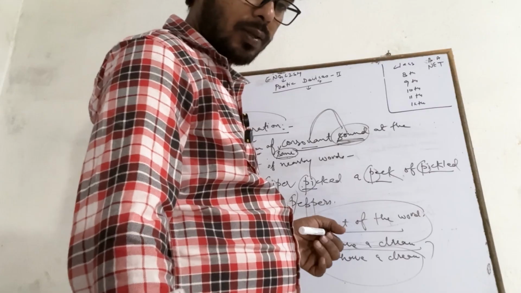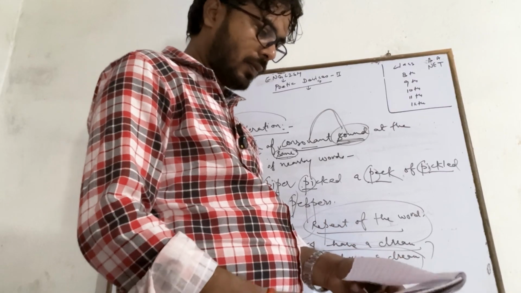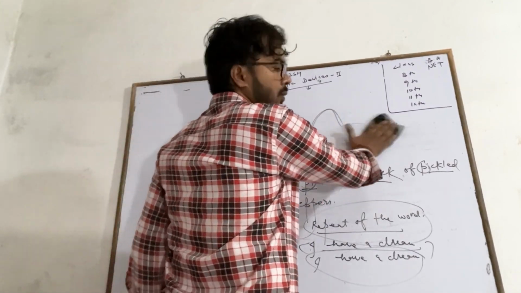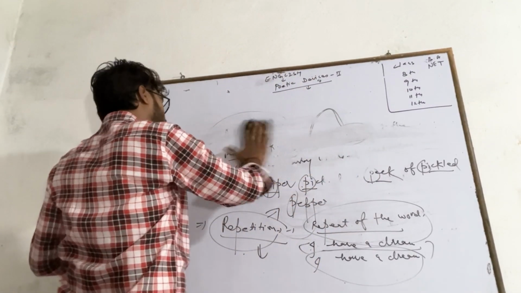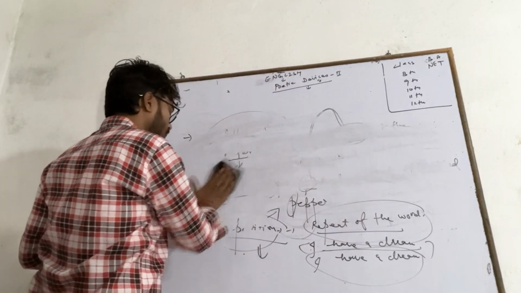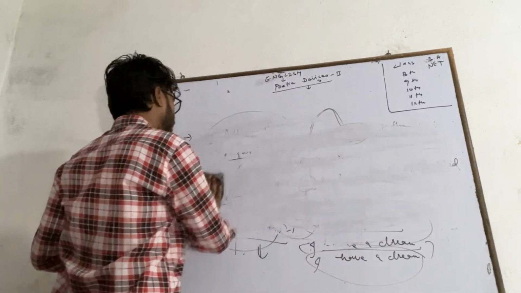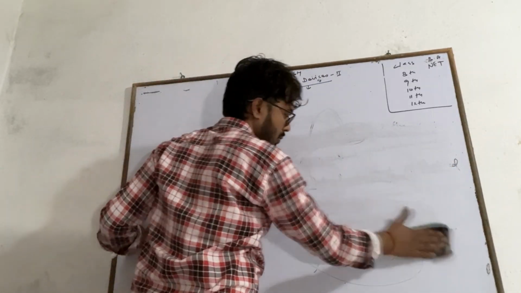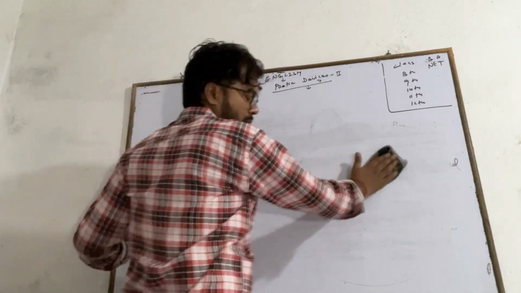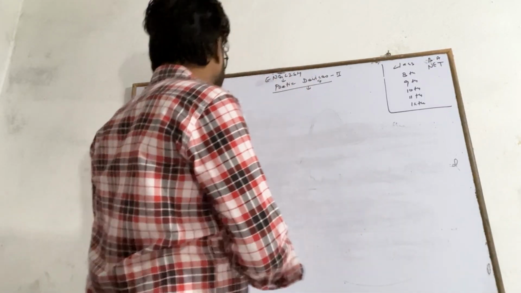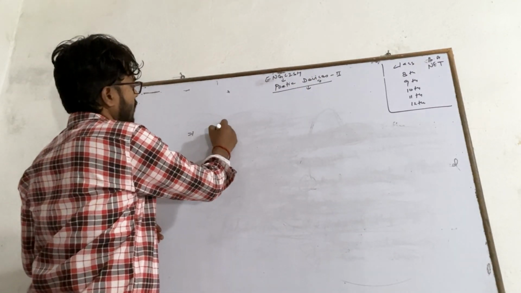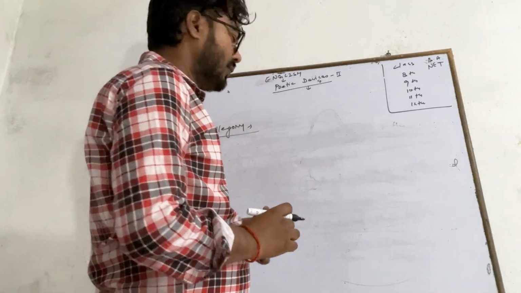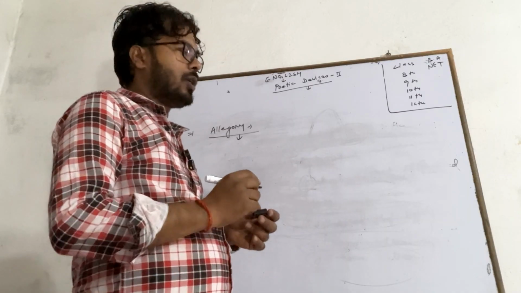The second one is allegory. Allegory is also a poetic device.